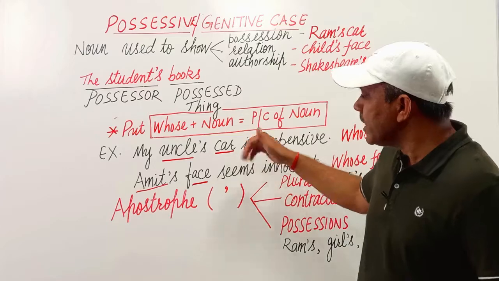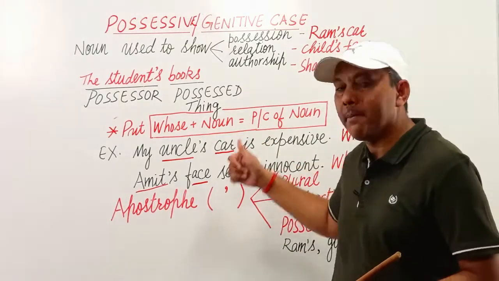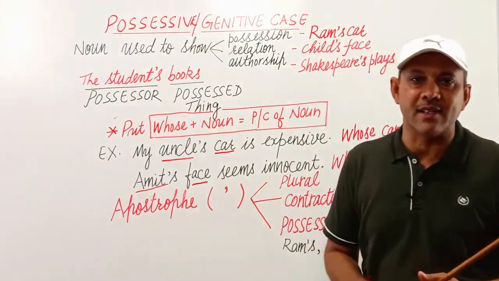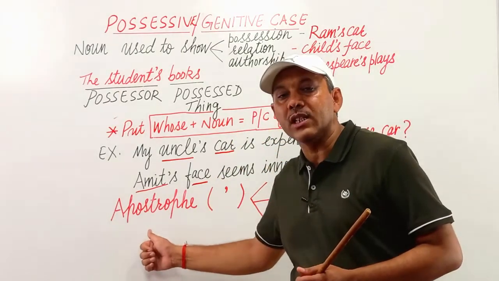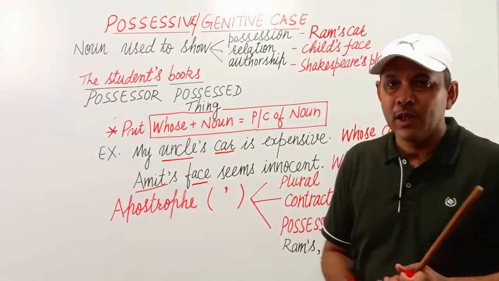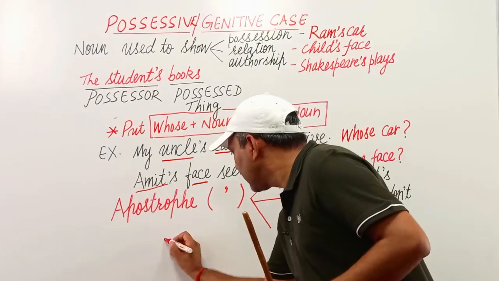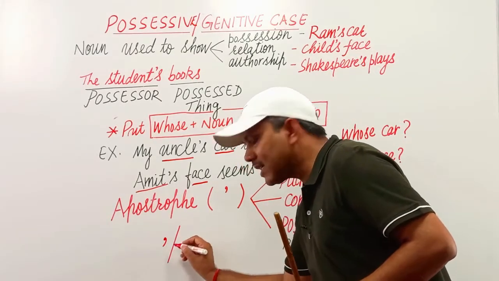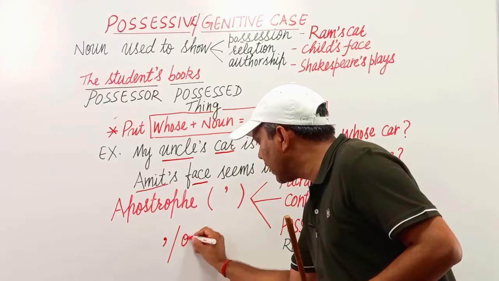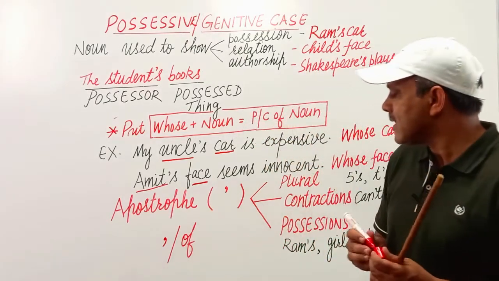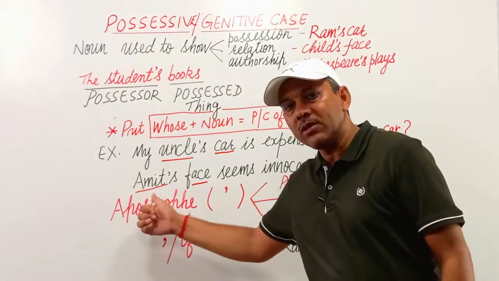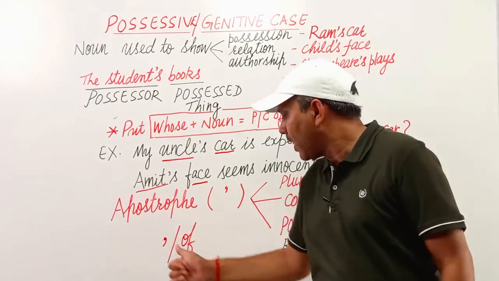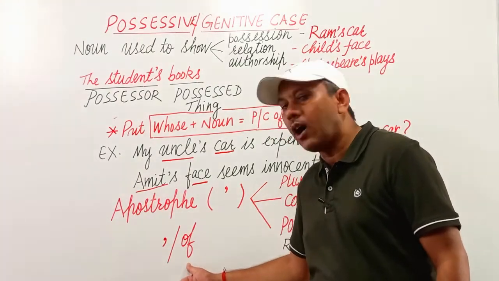And how do we show it? How do we mention it in given sentences? It is always mentioned by apostrophe or of. We have two ways to show a possession. One is by putting apostrophe after the noun, after the possessor, or by writing of.